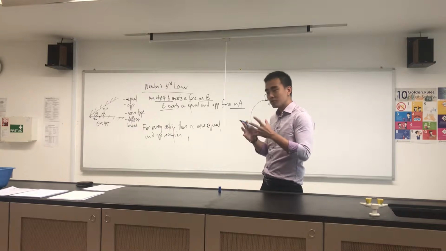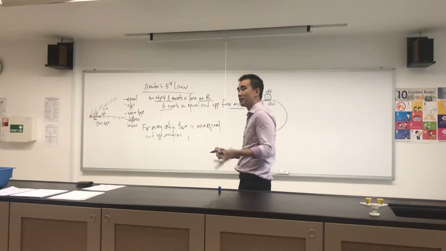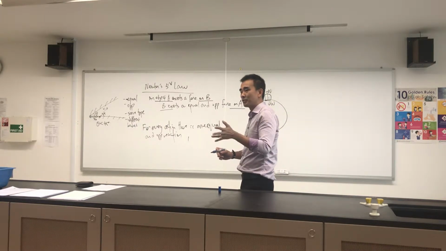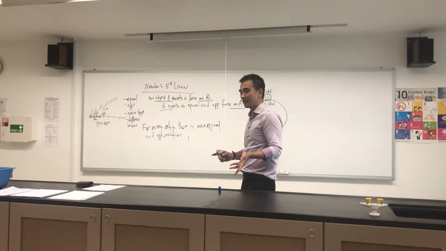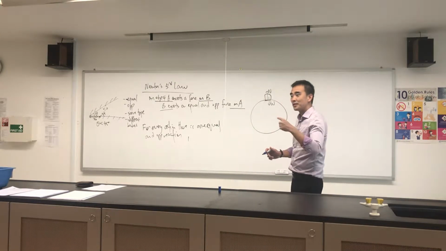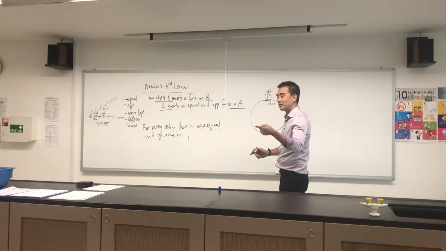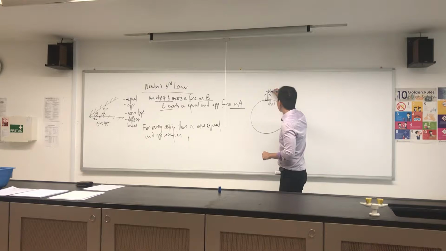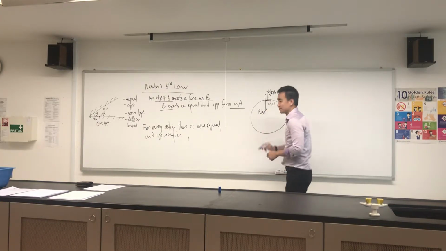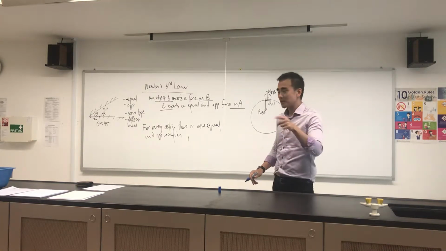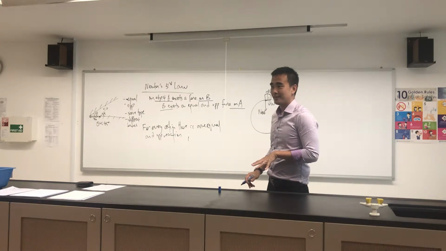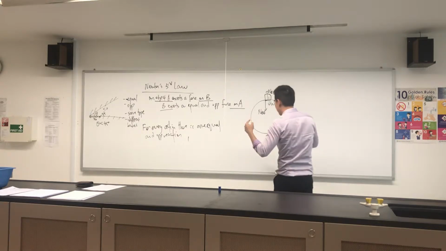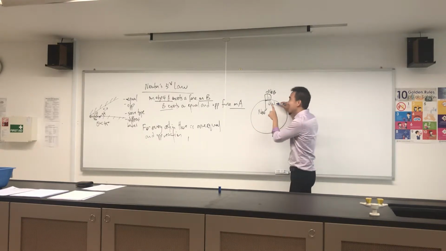So if the box experiences a normal contact force by the Earth on the box, then the reaction force will be the normal contact force by the box on the Earth. So this is by Earth on box, and this will be by box on Earth. Then what is the reaction force to the weight? This is by Earth on box, so the reaction is by the box on the Earth, yes, right.